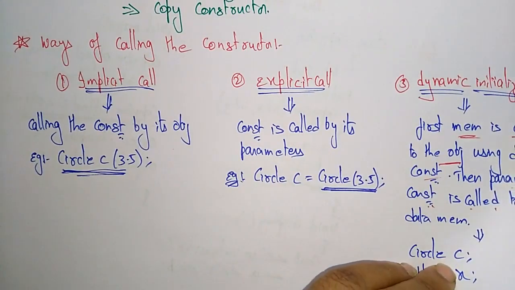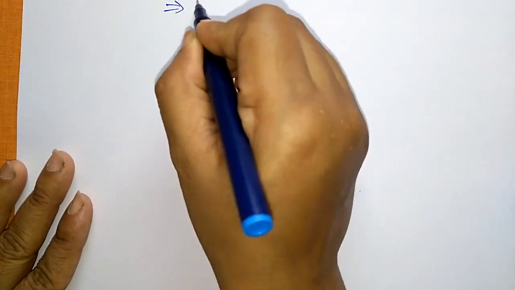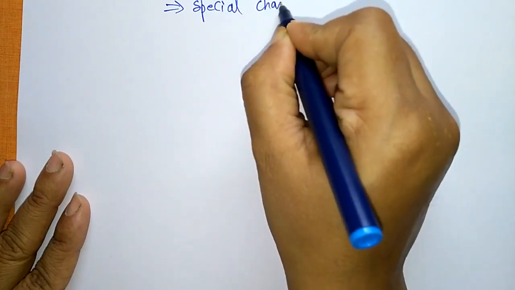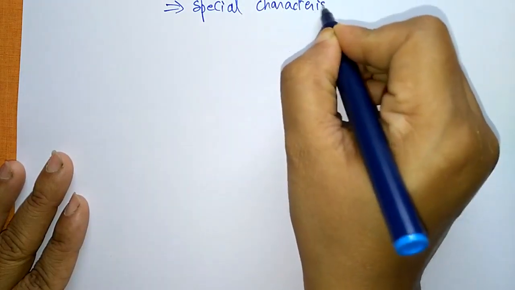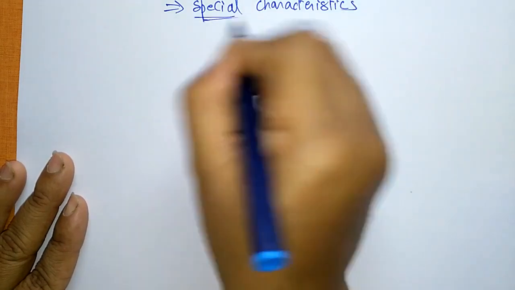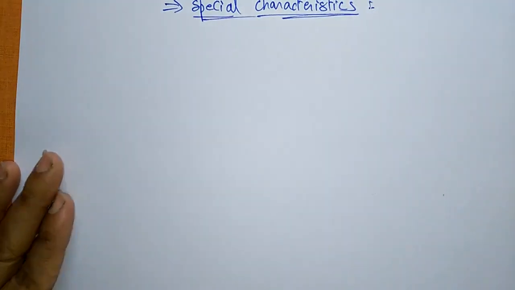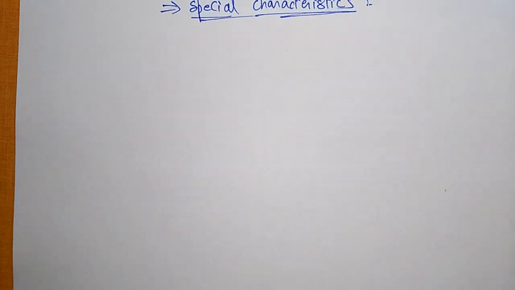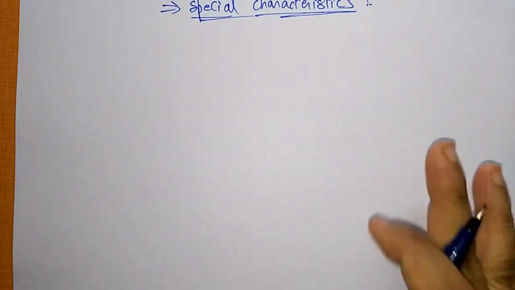Now let us see the special characteristics of the constructor. What are the characteristics of the constructors? Let us see. You have to follow some rules like that.